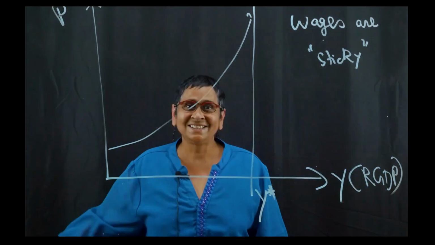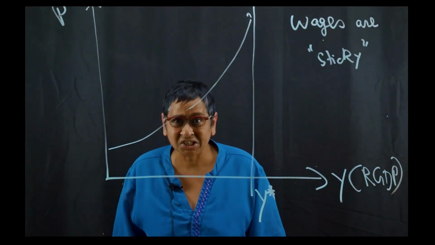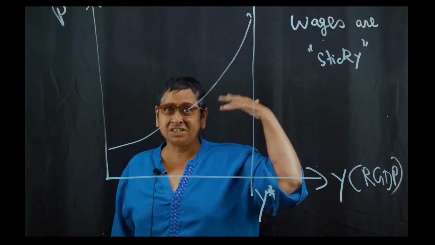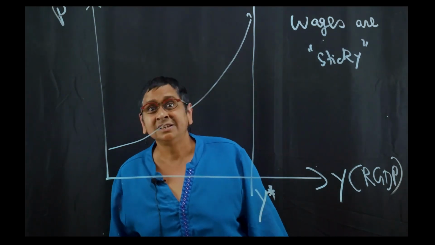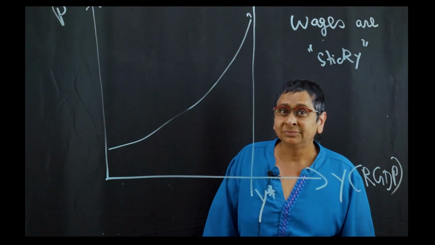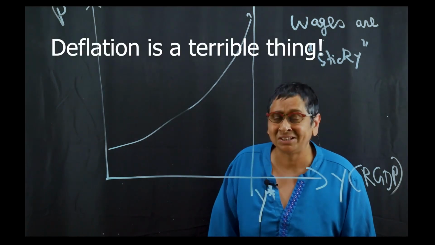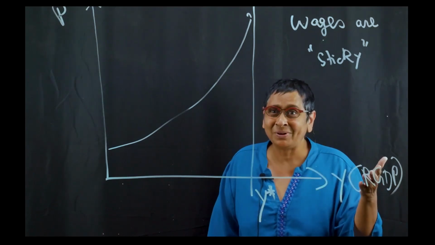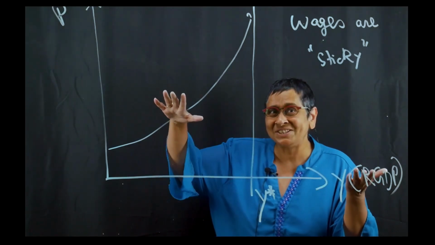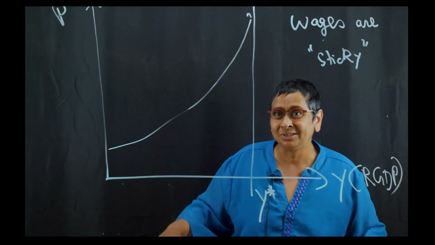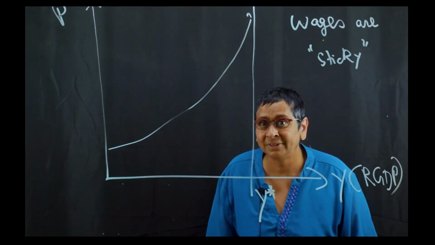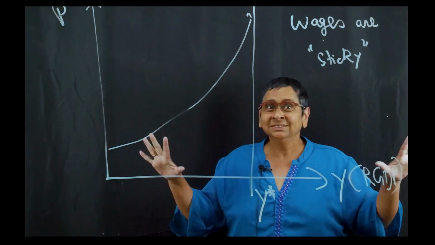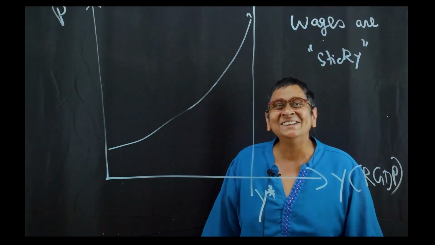We haven't had deflation since the Great Depression. You think, oh, inflation is bad, inflation is bad. Deflation, lower prices, must be good. In fact, deflation is a terrible thing. Because what that means is you've paid people wages, but the price you're going to get for the goods starts to fall. It's a terrible thing for firms. It's really not where you want to be.